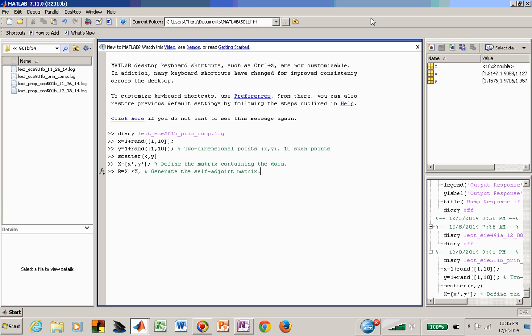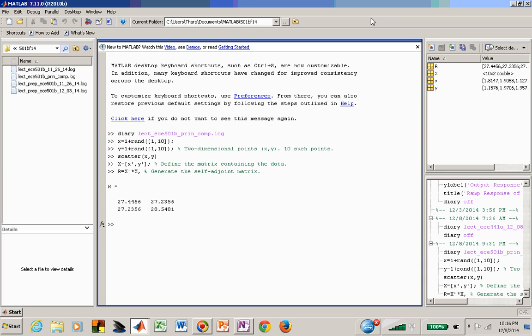And capital X, remember, was 10 rows tall, but it's only 2 columns wide, which means that this self-adjoint matrix R is, it's capital X transpose, so that's now 2 rows tall and it's 2 columns wide. And if we now compute this self-adjoint matrix, it's some 2 by 2 matrix.